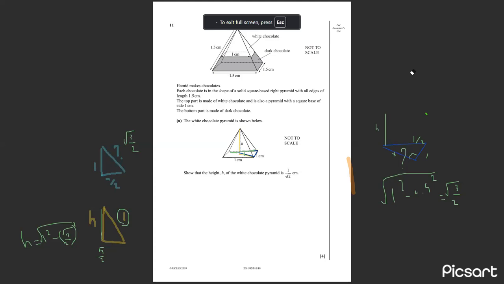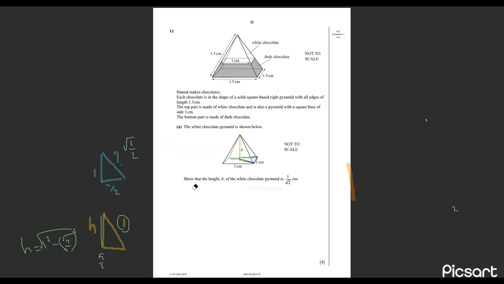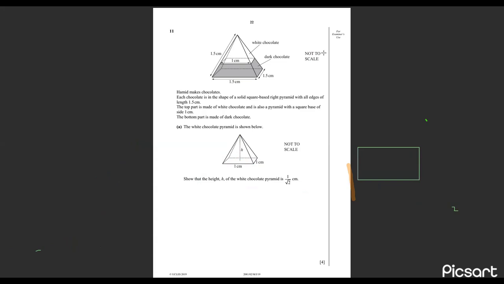Okay, let's better do it by the diagonals of the square base. Here we have a square base, and here we have a diagonal of the square. We just need this part of the diagonal, so we need half of the diagonal.